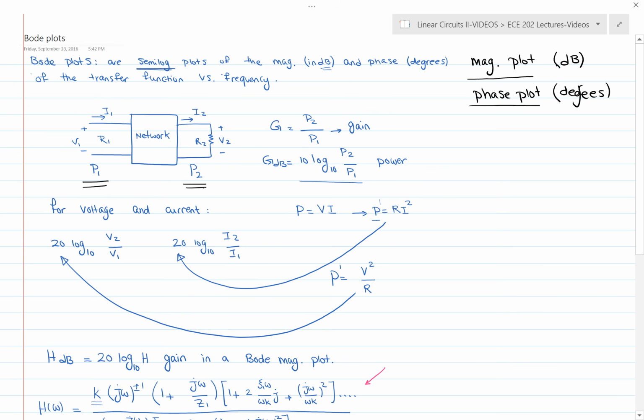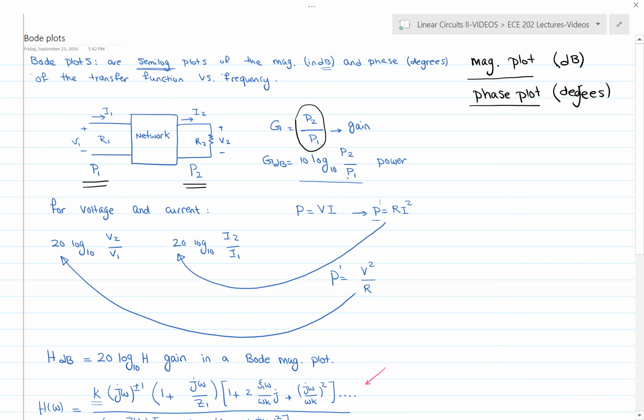So if I just want to find the gain of the system, not in decibels, I can find the ratio of P at the output over P at the input, right? But what if I want to find the decibel unit of this gain? So I have to find 10 log base 10 of P2 over P1.